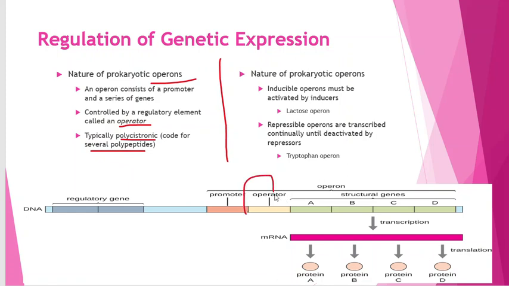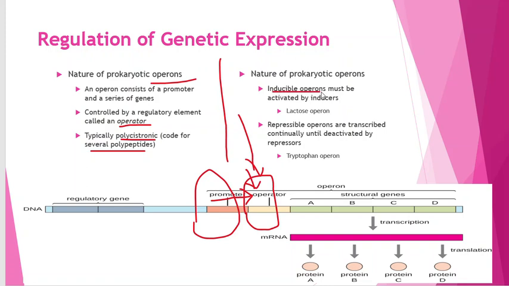But usually, if it's one that I want to stay off until I need it, I have a blocking molecule here so that RNA or DNA polymerase cannot go by. That's what it is. If it's one that I use all the time, but I want to turn off on special occasions, then it's normally open, and then only when I want it off will I put the blocking molecule there.